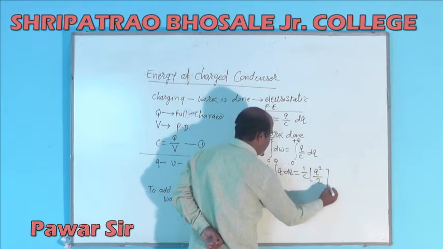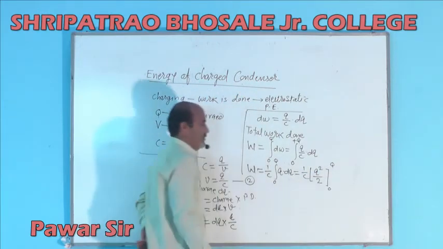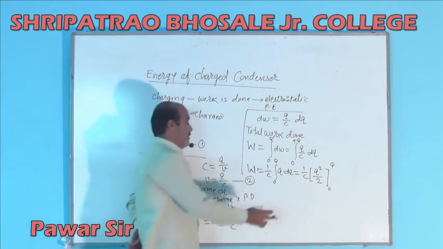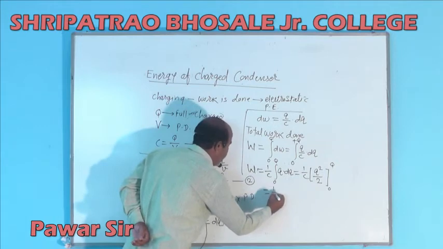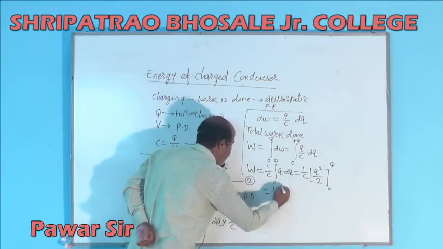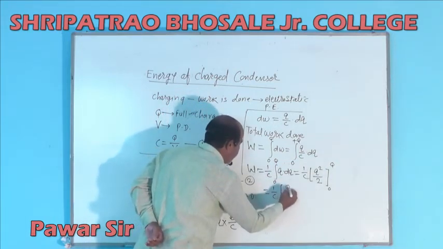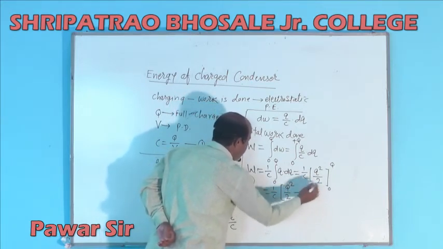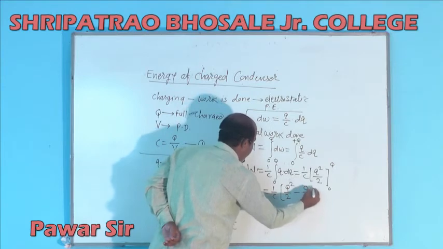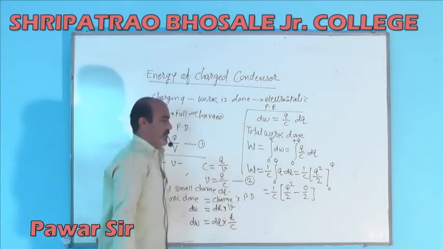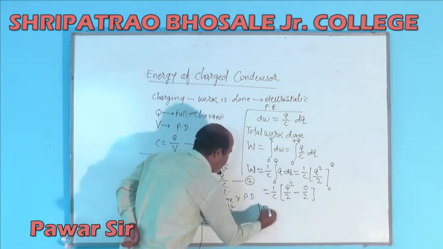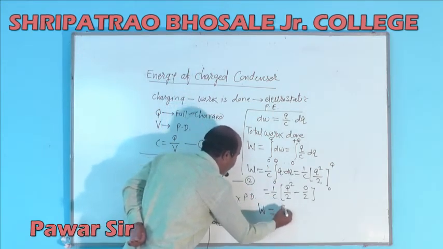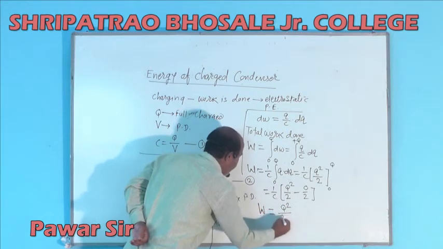Limits are from 0 to capital Q. Now put the values of limit. We can write it is equal to 1 by C, upper limit Q square divided by 2 minus lower limit 0 divided by 2. So this term will be 0. We can write this total work W equal to Q square divided by 2C.